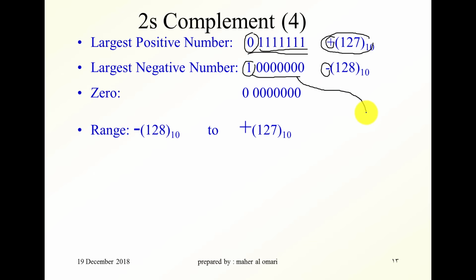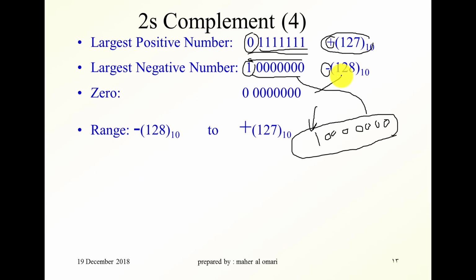You have to find the 2's complement for this number. The 2's complement for this number, you go to the right until you reach the 1. So the 2's complement for this number is the same as the number itself. So what is this number? The weight of this one is 128, which is this.